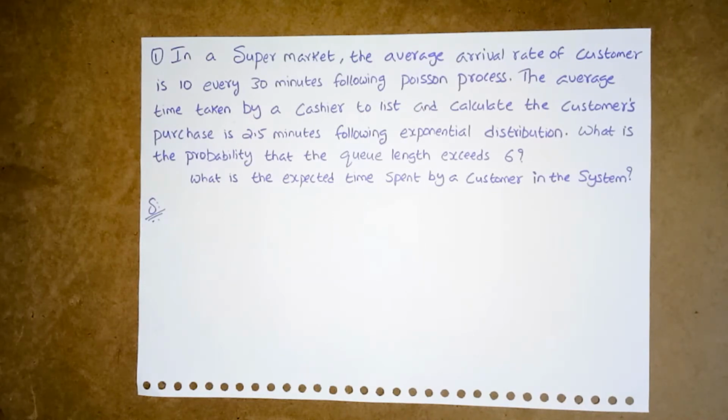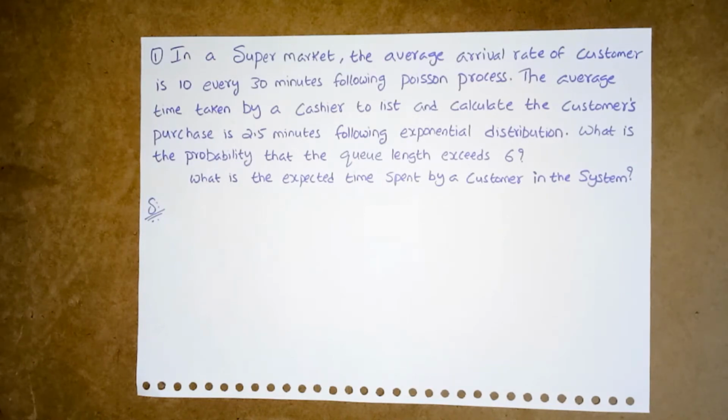So he has to count the items, make the bill, and take the payment. And nowadays billing is very easy for him, either cash or through online mode, or through debit cards, ATM cards, credit cards. So how much time is he taking? 2.5 minutes for each customer. Up to this we have to understand what is given.